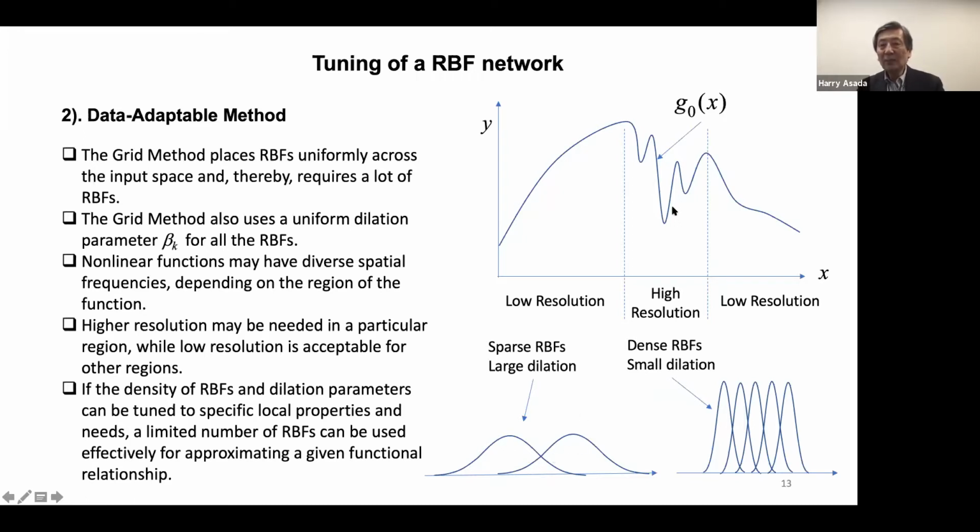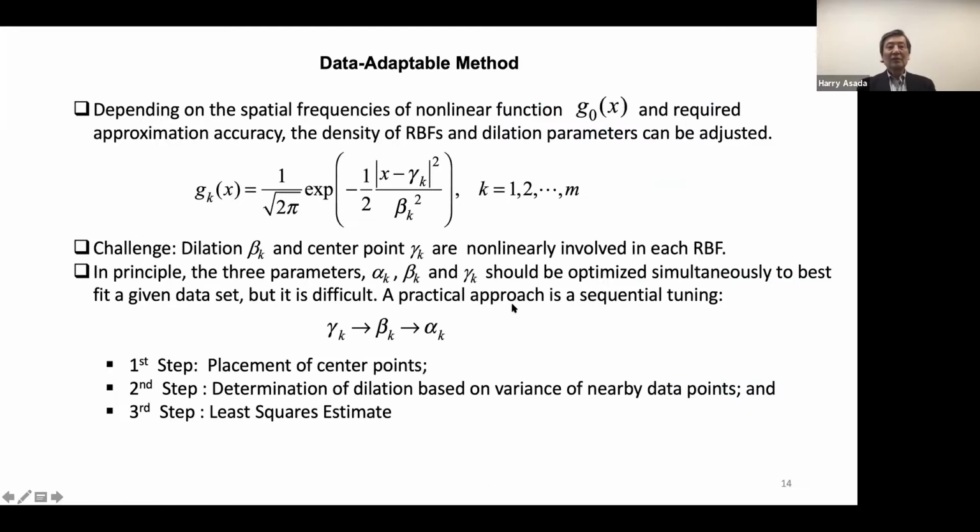On the other hand, in this particular part, high resolutions are needed, and we like to really capture this. So we have more sharply tuned, many little functions used in here. So how can we allocate this and how can we tune gamma and beta to meet such requirements? So, the data adaptable method.